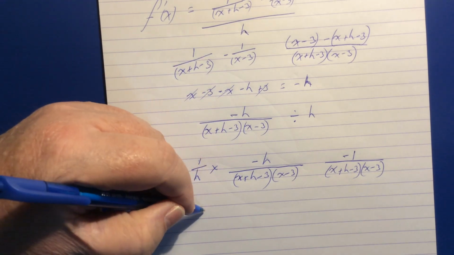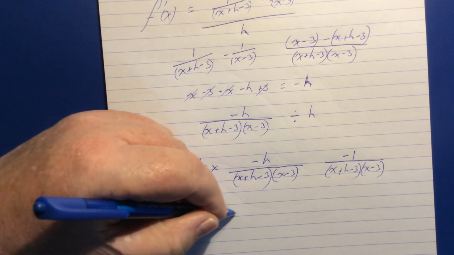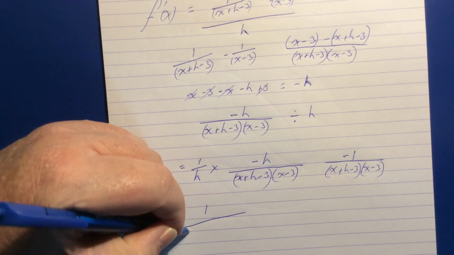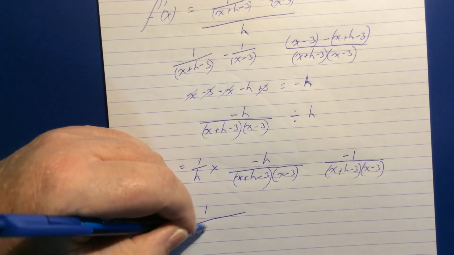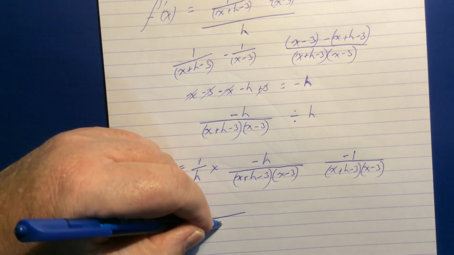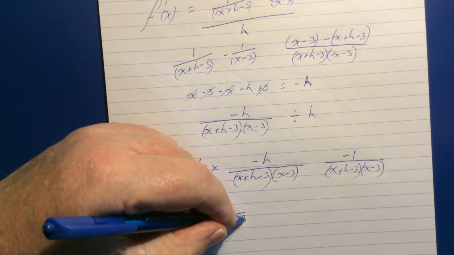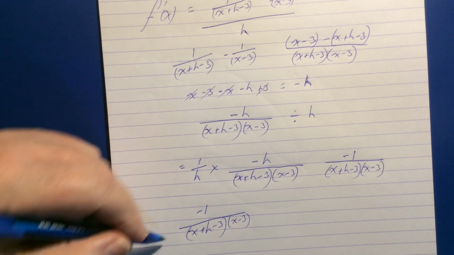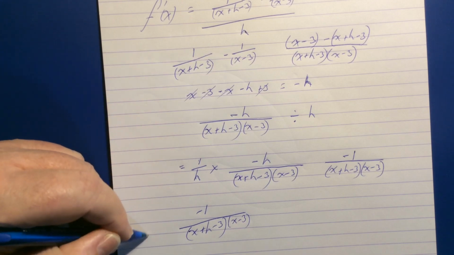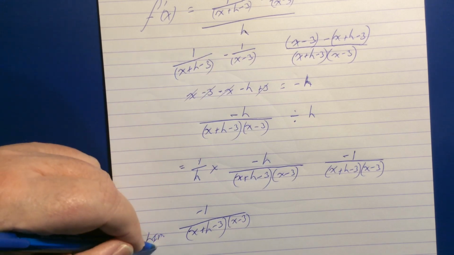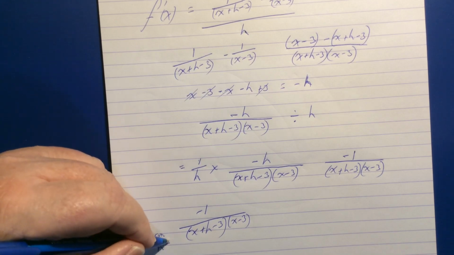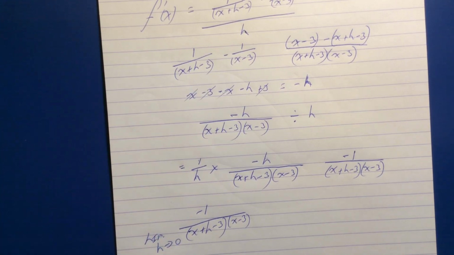What shall we do now? Okay, I think we'll work towards our limit, which is h tending to 0. That's a negative. That's x minus 3. And what was our limit? h tends to 0.